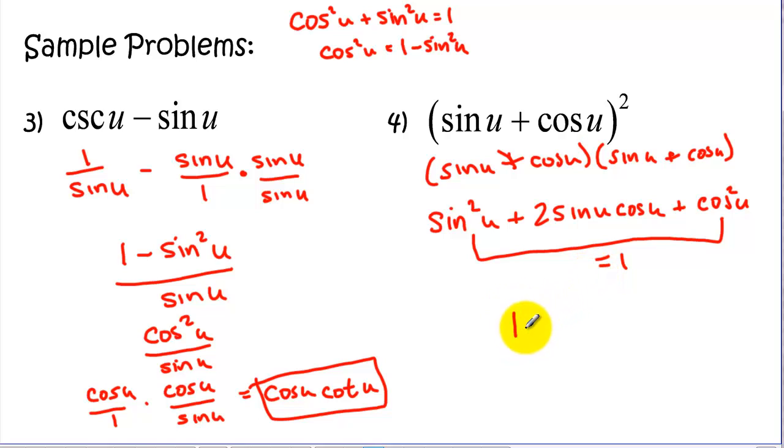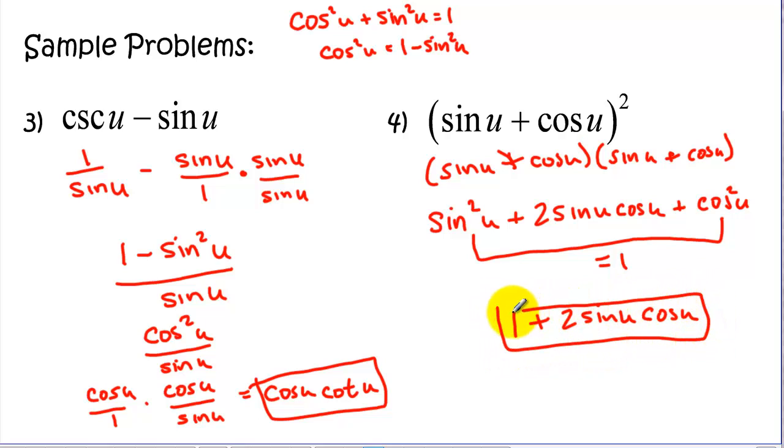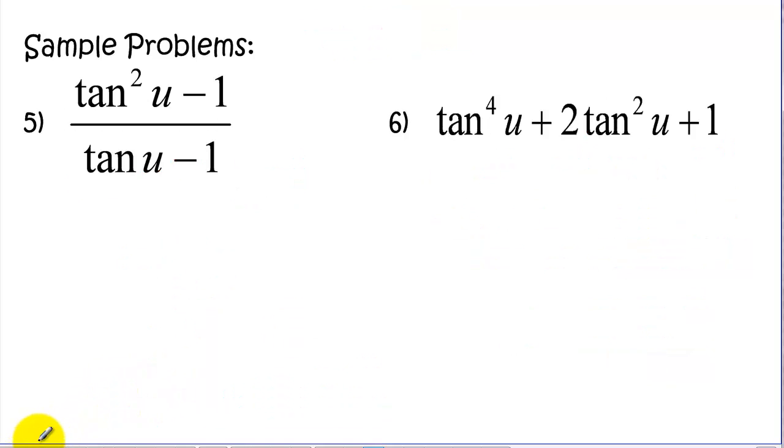So now we've got 1 plus 2 sine of u cosine of u. And that's as far as we can take that one. You don't always know when you're done. You just keep going until you hopefully have something simpler than what we started with, and there's nothing obvious to do.